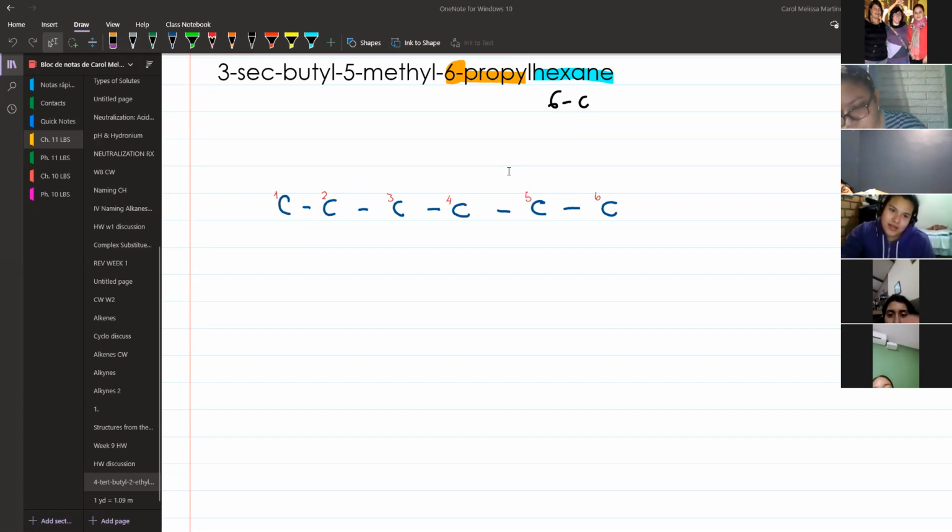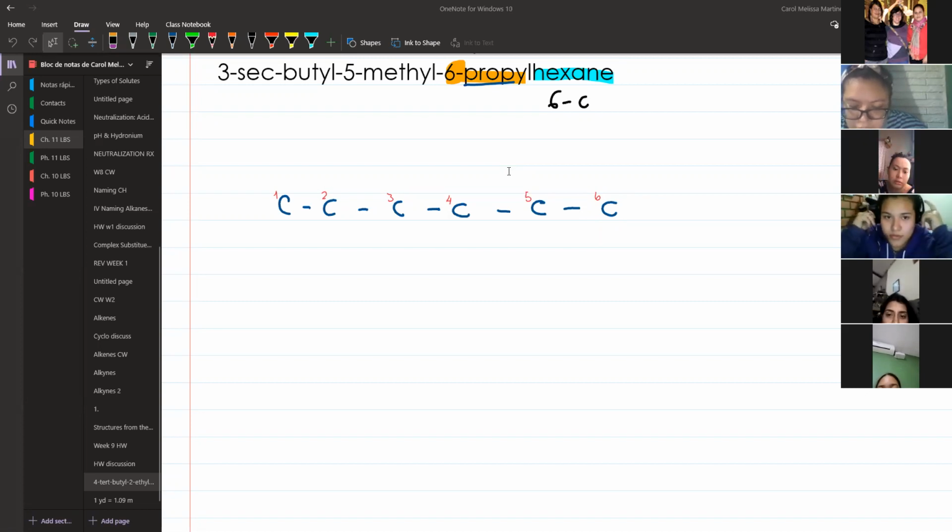So, in carbon 6, which is this position here, you will locate propyl. Propyl is an alkyl because it ends in -yl. But propyl means how many carbons? The prefix prop represents how many carbons? 3 carbons. So I'm going to add my 3 carbons.